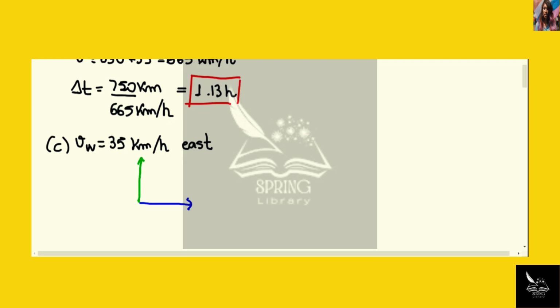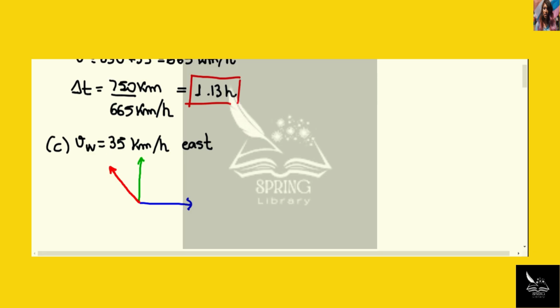This means that the velocity of the airplane relative to the wind has to be heading to the northwest in order to cancel out the contribution of the wind to the east. Okay, so the airplane only heads north.